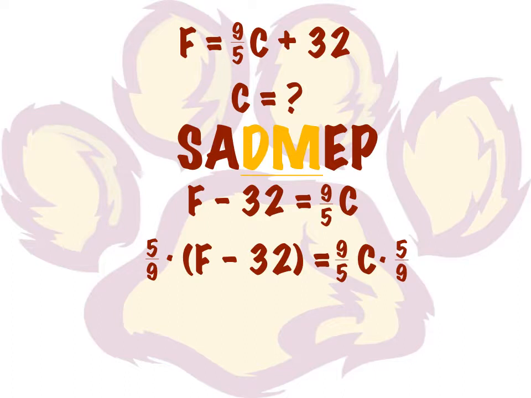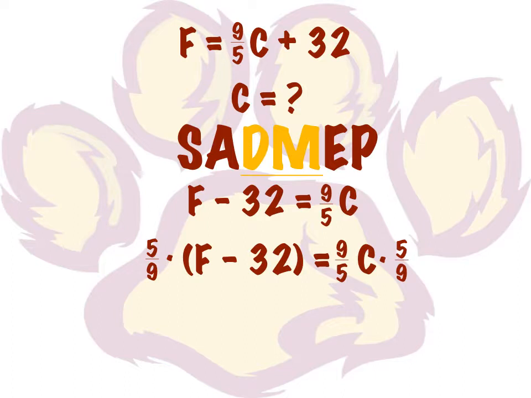So you see we have 9/5 C to start with. So if we multiply each side, we're going to multiply it by 5/9. That'll make it cancel out on the right side. And then on the left side, we just have that times 5/9.